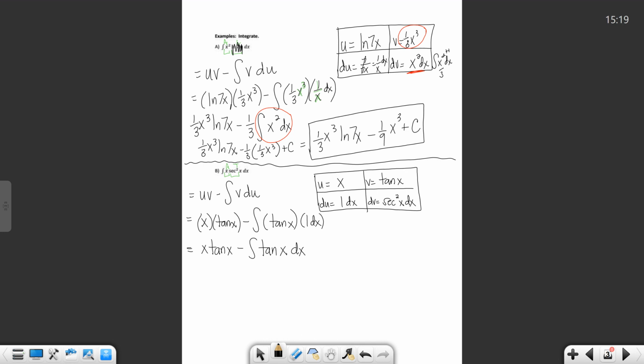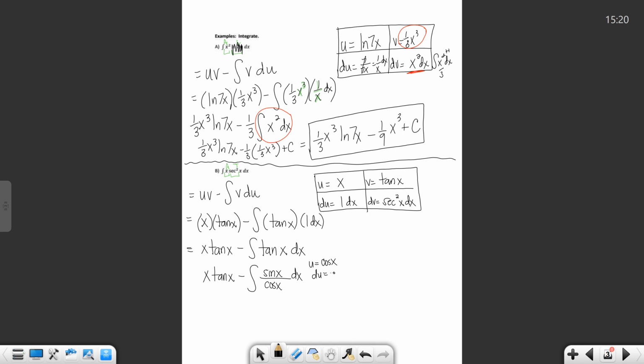This is something you are supposed to have memorized already. But if you have forgotten it, let's look at it. You know you can call that tangent is sine over cosine. And you're going to let u be the bottom.